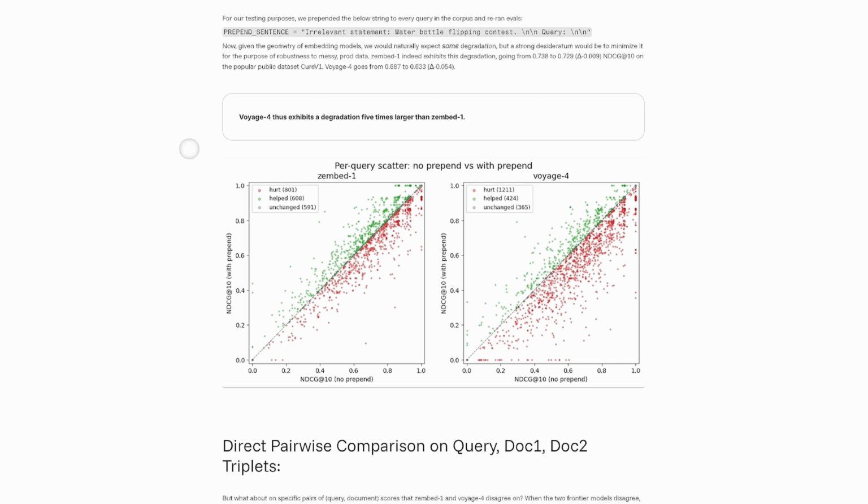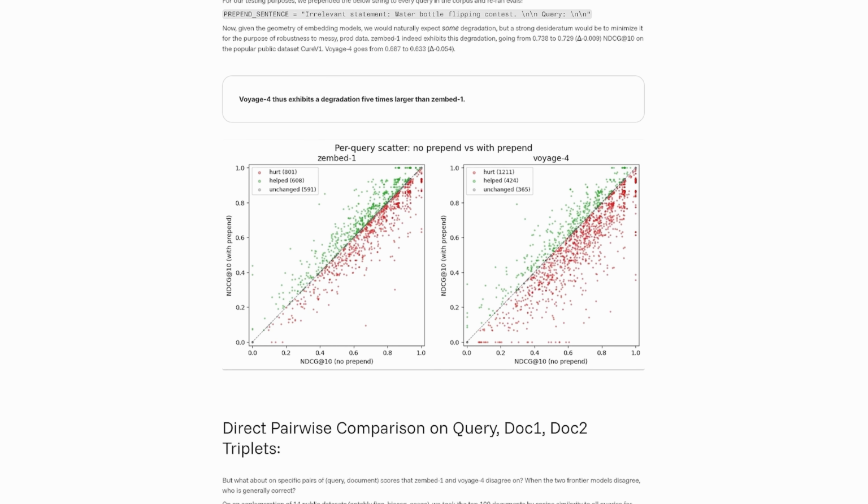The conclusion of that experiment is that the degradation on Voyage 4 is 5 times larger than zembed-1. Of course, we also saw some degradation on zembed-1, but it was much more contained than Voyage 4. So those are what the graphs look like.